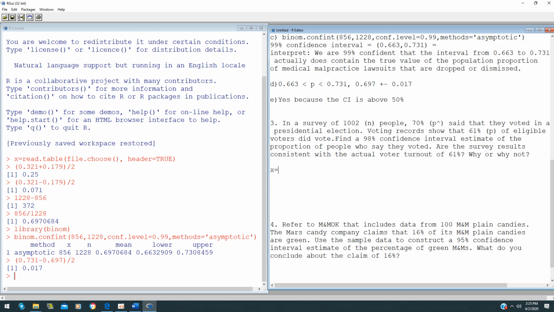Number of successes is like asking, if 70% of 2,000 are female in the class, how many are female? So you take 70% of 2,000.